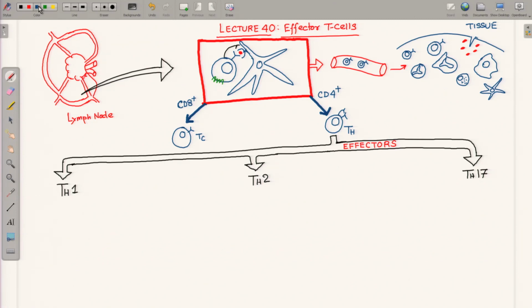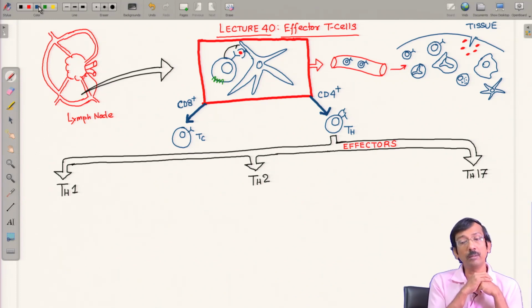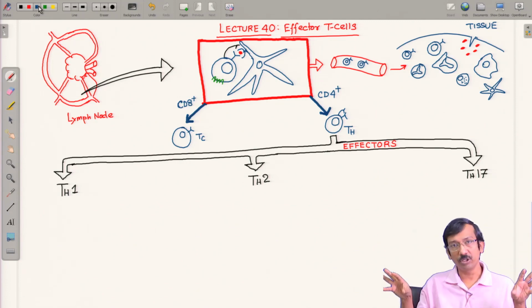These antigens are presented to the T or the B cells, and the adaptive immunity clearly has 2 branches.